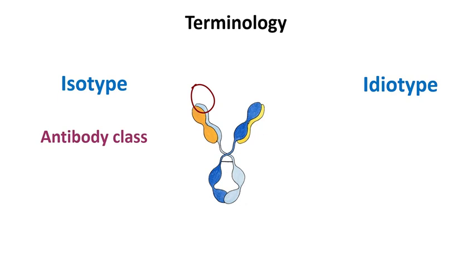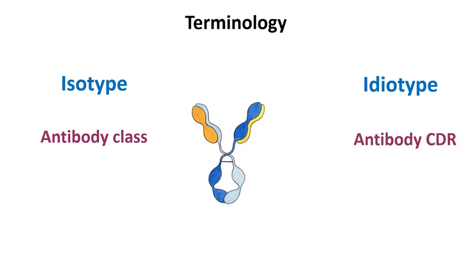Thus, an IgM and an IgE are two different isotypes, as are IgG3 and IgG4. Two different IgG3 molecules would be the same isotype even if they came from two different B cell lines and recognized two very different antigens. In that case, however, they would be two different idiotypes.